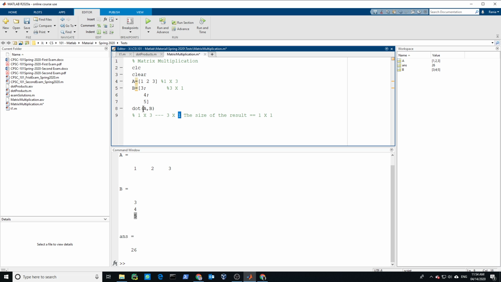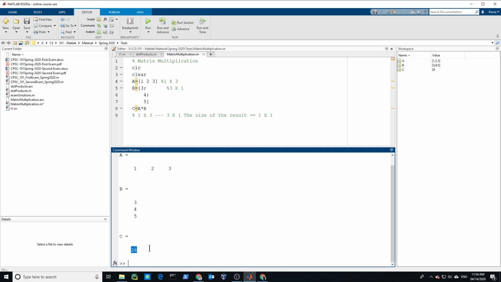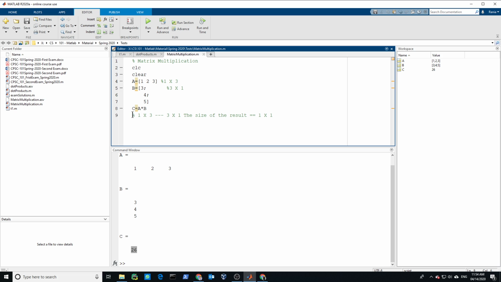And that's why we had one result. So we could replace the dot with direct multiplication. So for example, we could call it C, which equals A multiplied by B, and the result is 26. So make sure always that you meet this condition, and I'm sure you have learned that from your algebra courses.